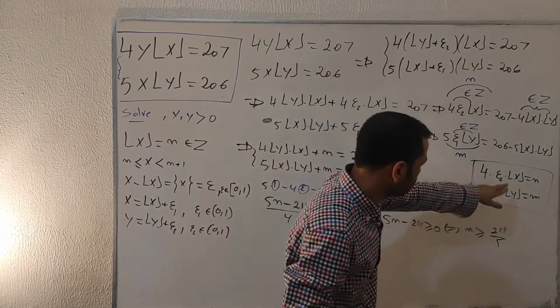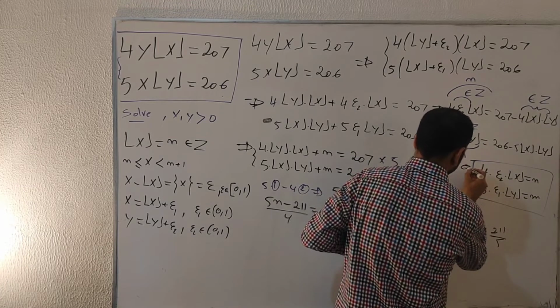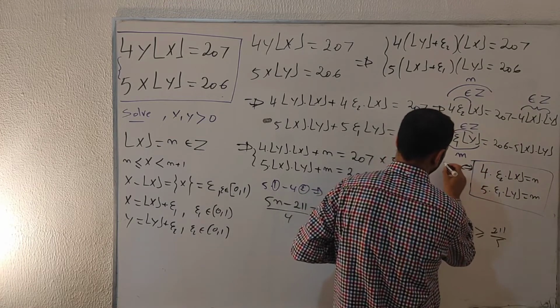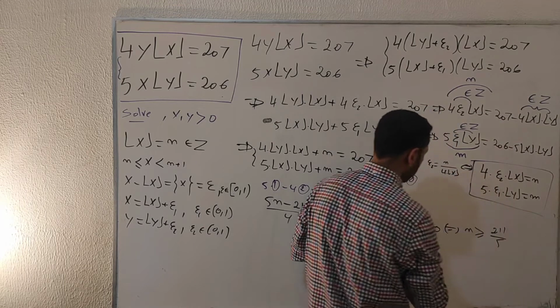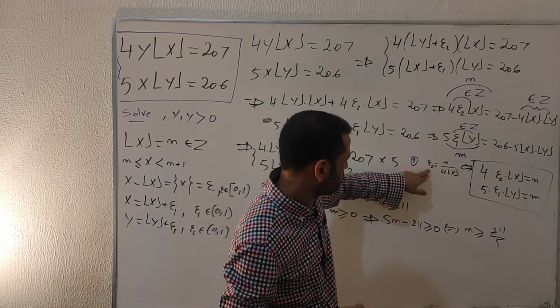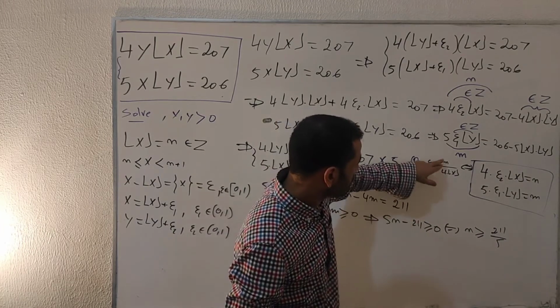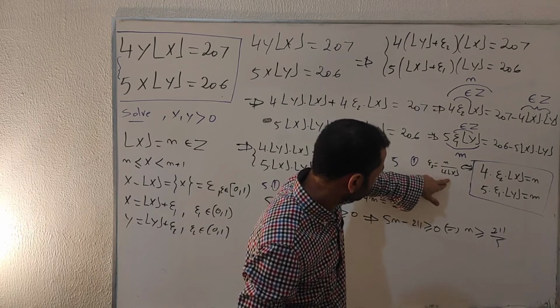Then if we go back to this equation here, I get epsilon 2 equals n divided by 4 multiplied by the floor of x. Okay, so what do we know about epsilon 2? It is between 0 and 1, right? Which means the numerator must be smaller than the denominator.